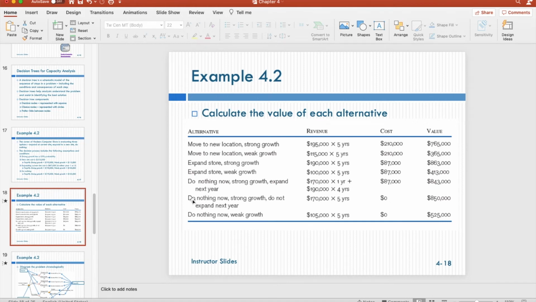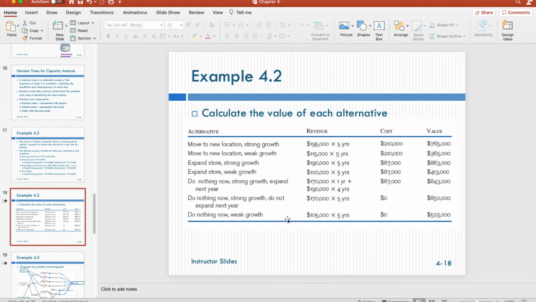This can be one strategy that the company can decide. And then the company says, if I do nothing right now, even if I see the strong growth in the first year, I may still decide not to expand next year. This can also happen. That would be the second plan. The third would be do nothing now, and if you see weak growth, they will continue to do nothing.